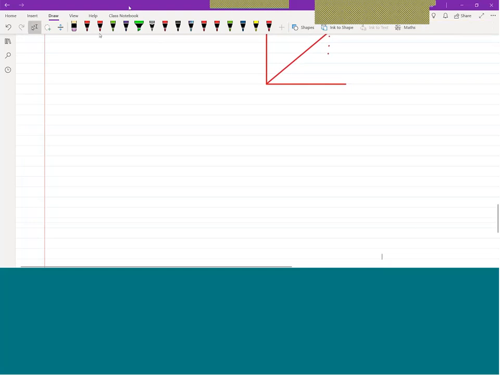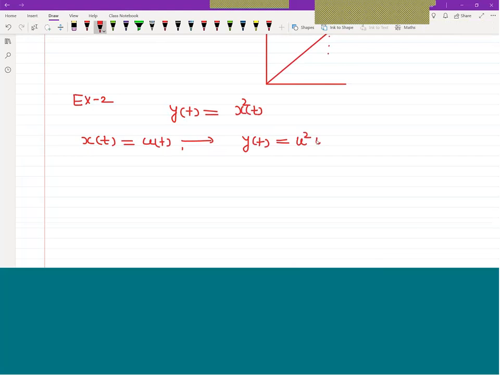Let's move ahead. Suppose I have one more example, example number 2: y of t is equivalent to x square of t. If x of t is equivalent to u of t, then the output will be u square of t, and u square of t is also bounded.